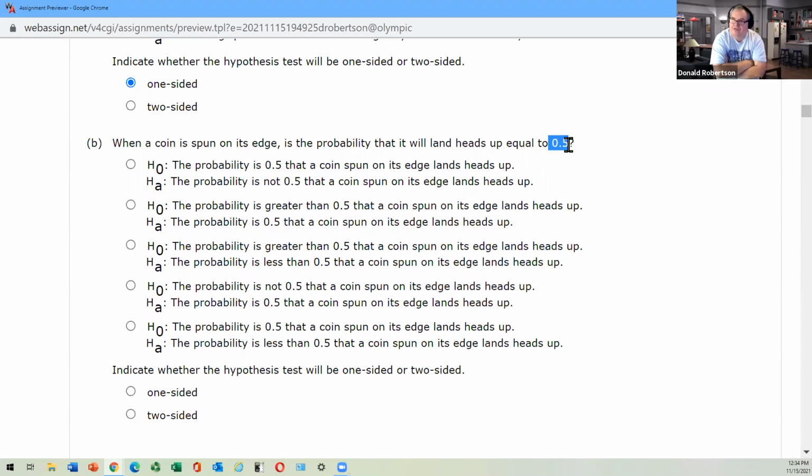Or let's face it, I just said the answer, didn't I? What's the opposite of it being 0.5? Right, not being 0.5. So the probability is 0.5 that the coin spun says its head is up. There we go. And won't this one be a two-sided? Because couldn't it be that the coin is more or less?